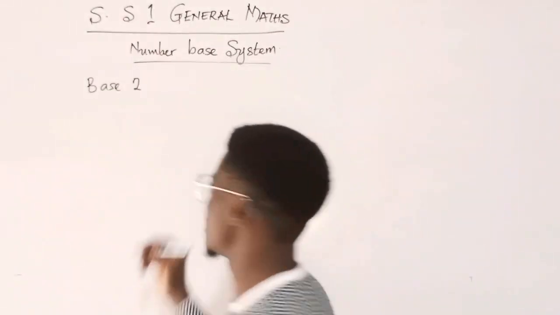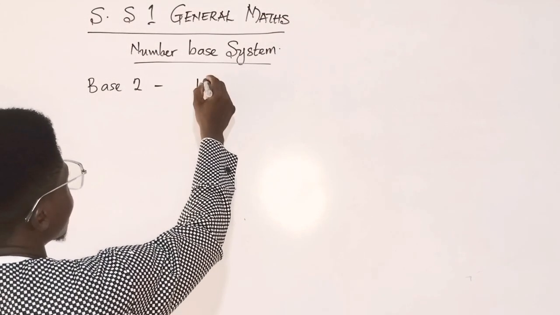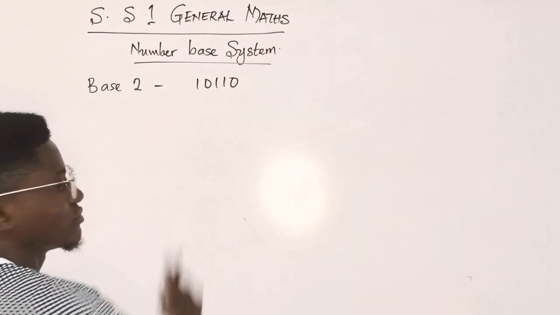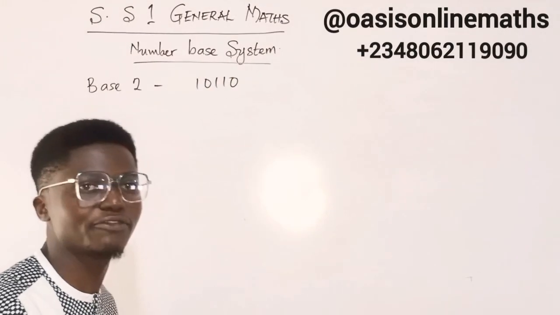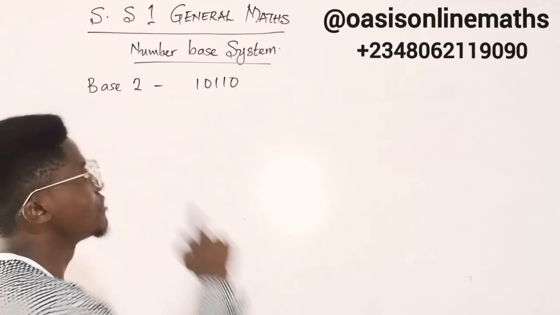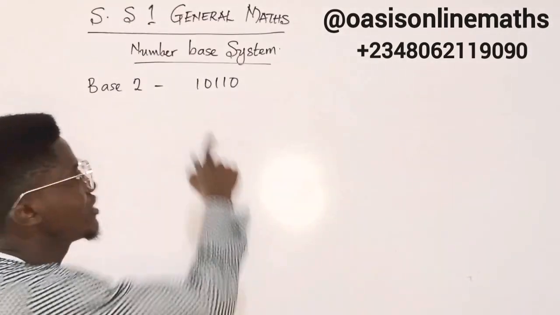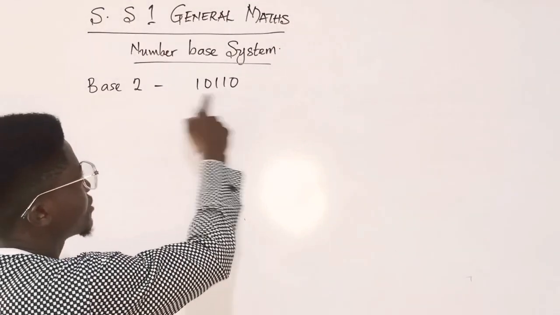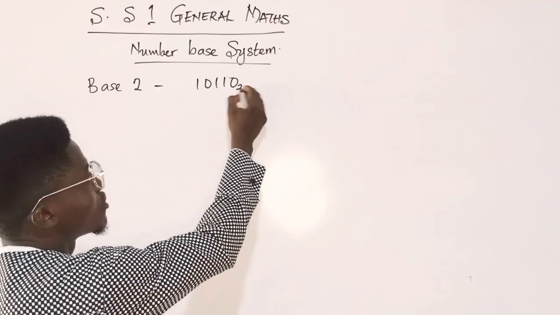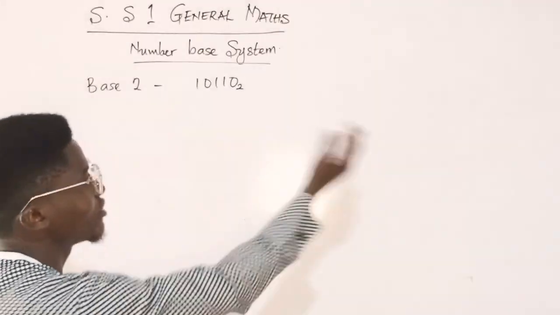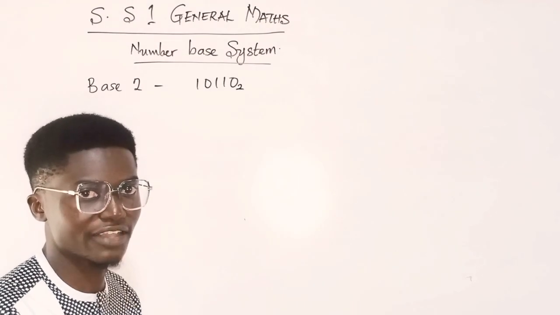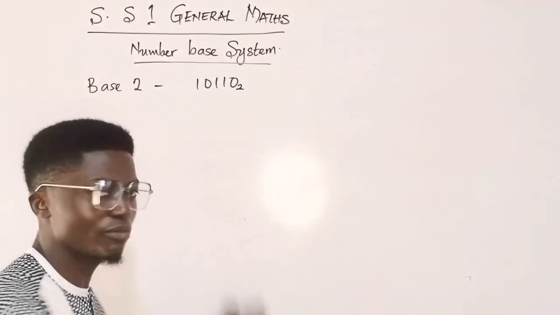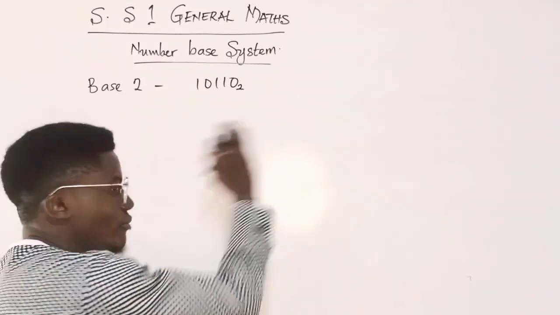Examples are 1, 0, 1, 1, 0. The highest digit you can find in base 2 is 1. No digit here must be up to 2. And to identify this properly, they put 2 at the subscript end of the last digit. You can see this is a base 2 number.